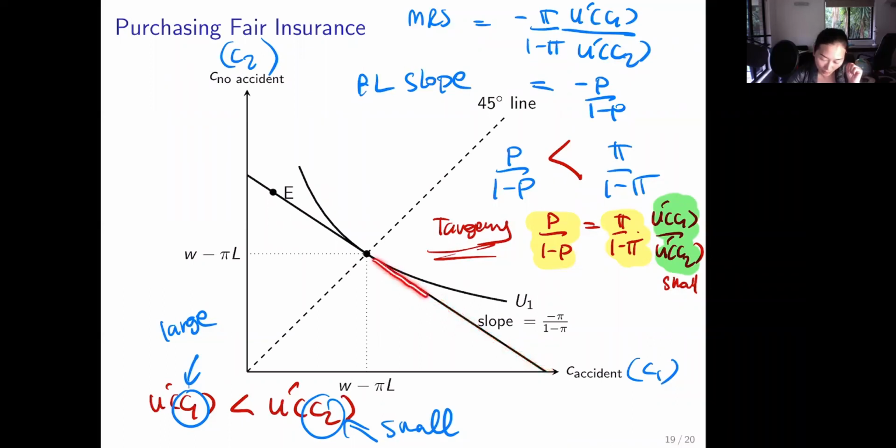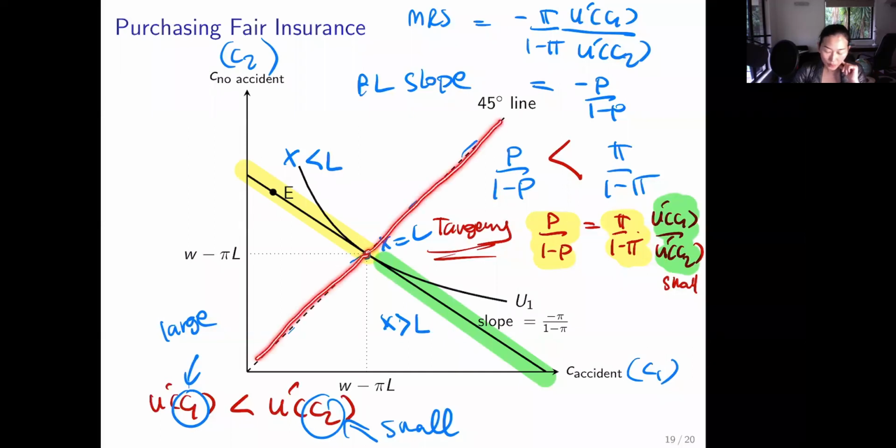Any point along here, X is greater than L. At this point, X equals L. Any point up here, X is smaller than L. So fully insure along here.